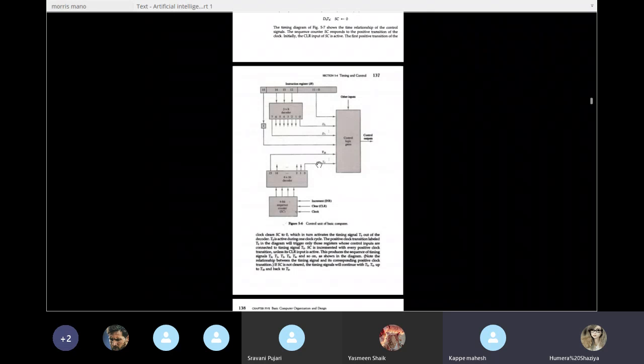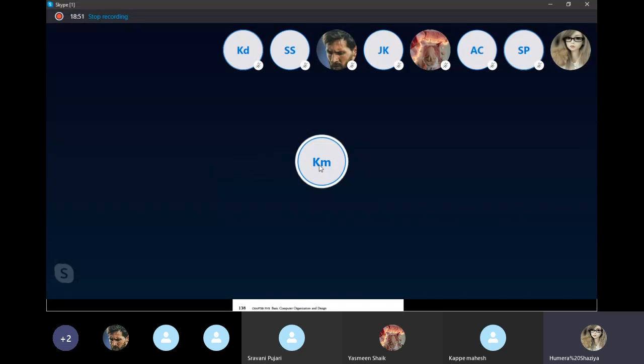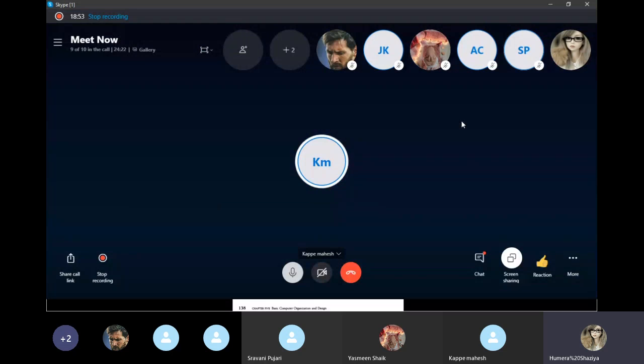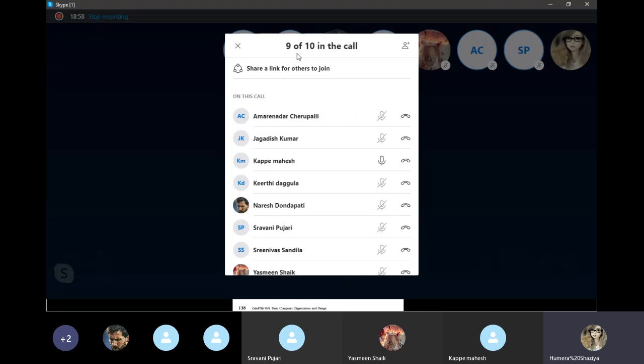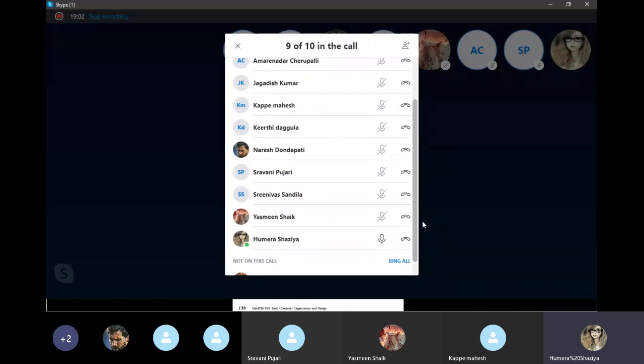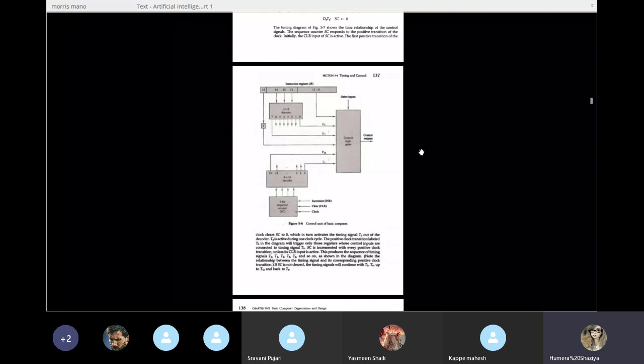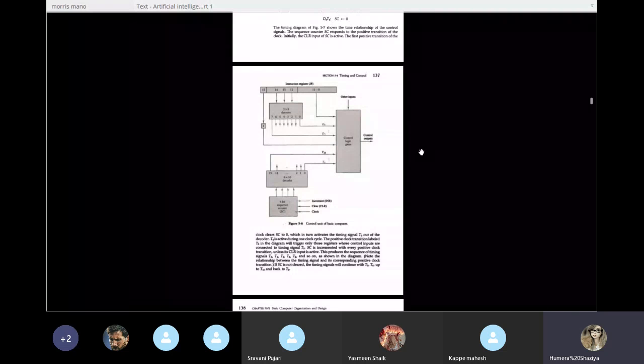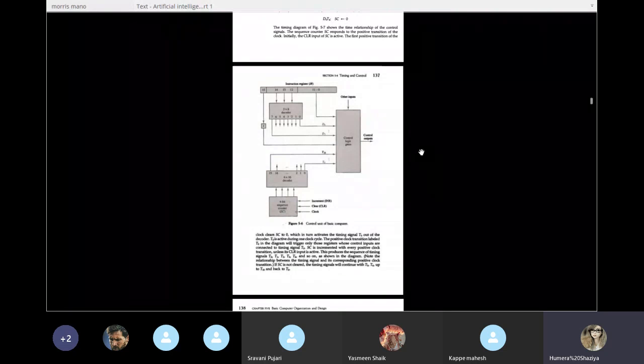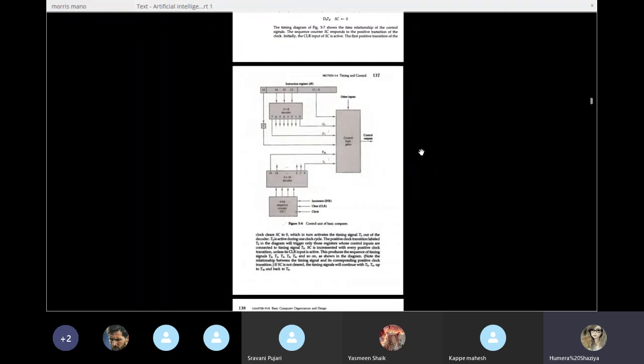Suppose you take the college timetable example. At 9 o'clock there is somebody's class. So when the bell rings at 9 o'clock, who will get activated in the staff room?